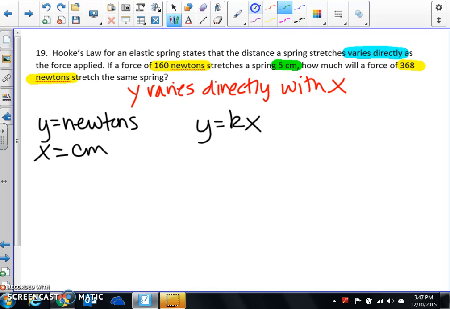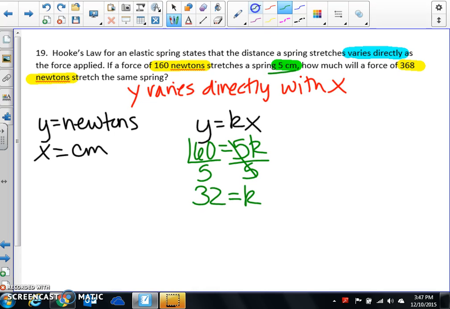And I'm going to plug in my information. So the first is 160, 5, k. Divide both sides by 5, and you get k equals, I think it was 132, or 32. Geez, I can't talk. 160 divided by 5 is 32. Okay, now I take that k, plug it in here. So my equation is y equals 32x.